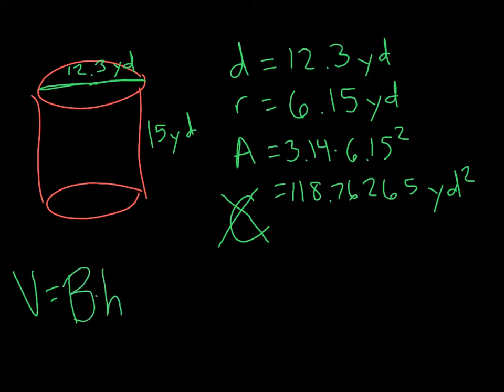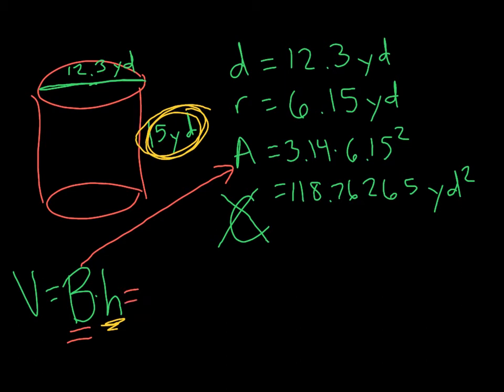Now volume equals the area of the base times the height. Remember we talked about this is 15 yards high. That's the height that we're using. Now in the formula, if you look it up, they use a capitalized B, but that means the area of the base, which in this case is the area of a circle. So I am going to take my 118.76265 times the height of the cylinder, which was 15.